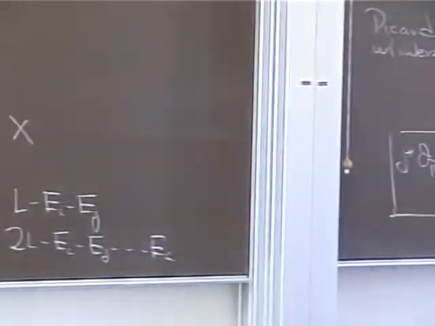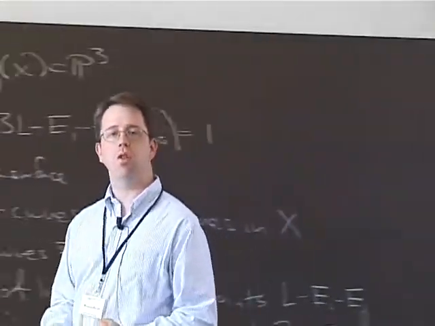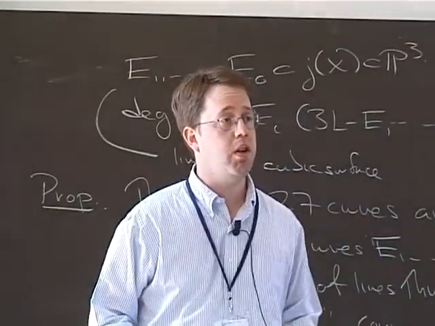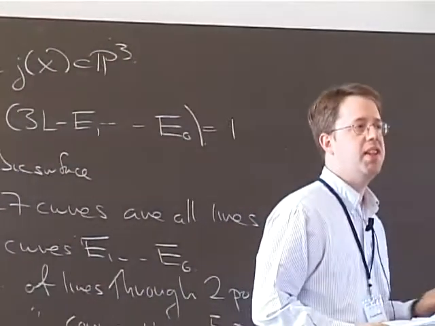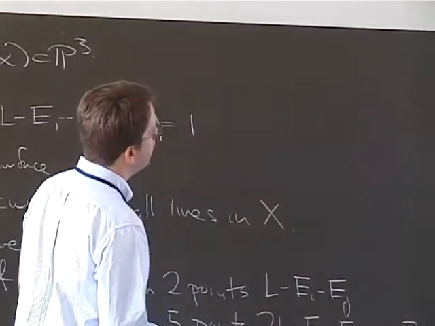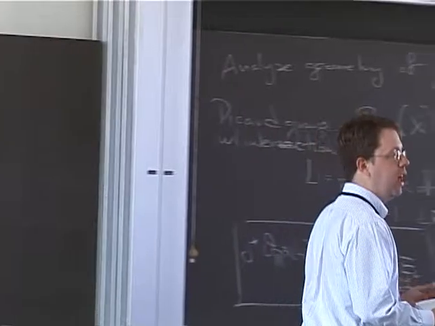So let's just recap what we've done here. Using this blow-up realization, or the linear series description of how you realize P2 blown up at 6 points in projective space, we've produced a whole bunch of smooth cubic surfaces with 27 lines.